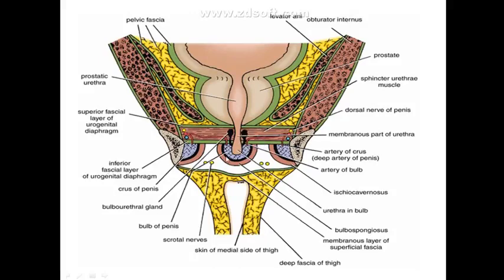And you can see that here in the superficial perineal space or pouch are the crura of the penis on the right and left side, and the bulb of the penis, which are parts of the root of the penis.